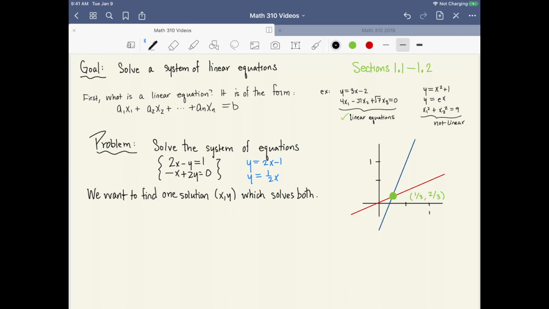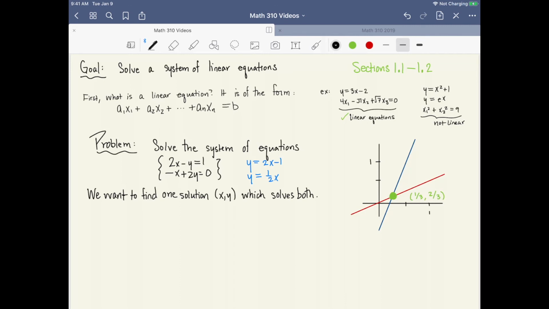And of course, the green point has that property. The green point lies on the red line, so it solves that equation. The green point also lies on the blue line, which is 2x minus 1, and it solves that equation as well. And since it lies on both, it's in their intersection, and it solves both simultaneously.